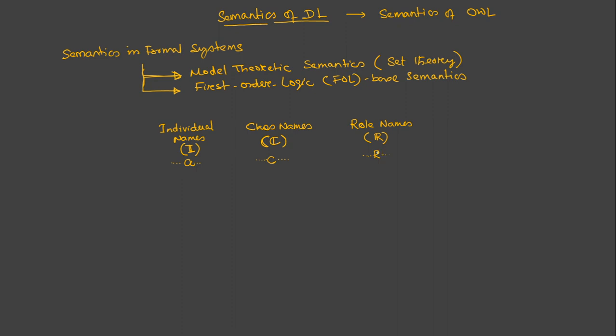And that is what we are really going to talk about here, right? So these are the kind of elements we have in our ontology.